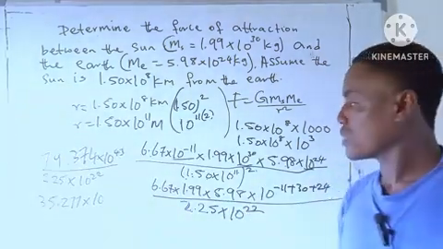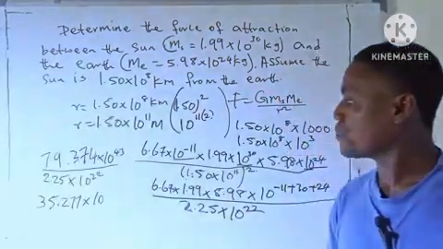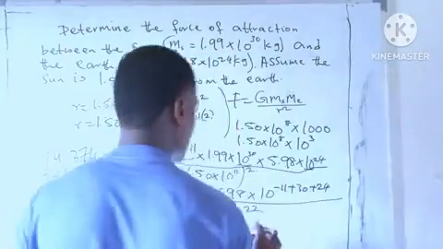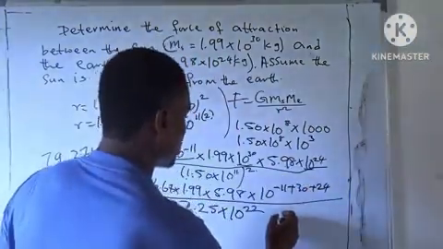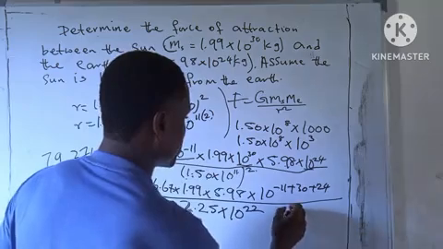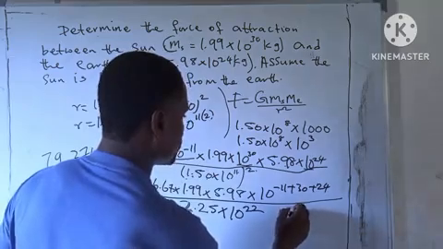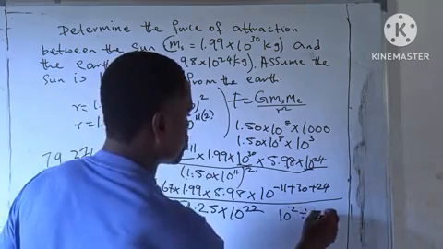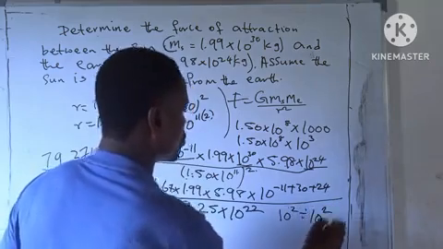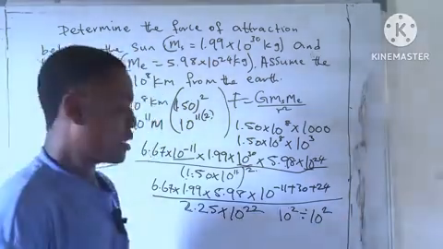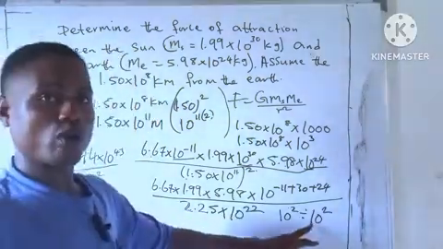Now, in the laws of indices, the second law states that, let's say we have 10 raised to power 2 divided by 10 raised to power 2. This is the second law of indices.